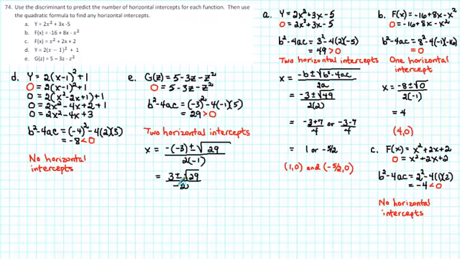We can distribute negative 1 into each term in the numerator, and our end result is negative 3 plus or minus the square root of 29 all over 2. Therefore, (negative 3 plus the square root of 29 over 2, 0) and (negative 3 minus the square root of 29 over 2, 0) are the 2 horizontal intercepts.